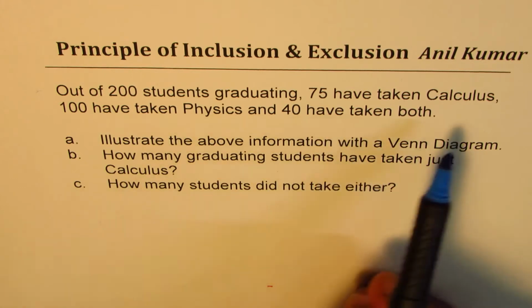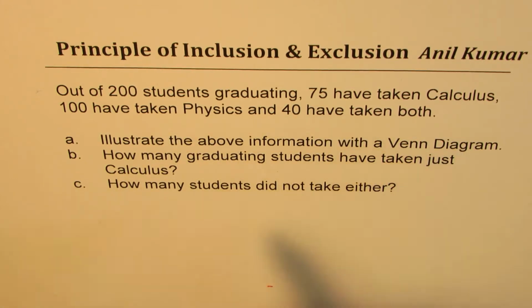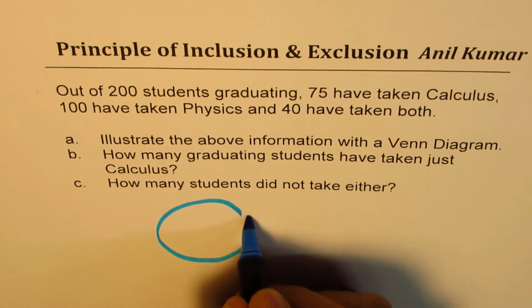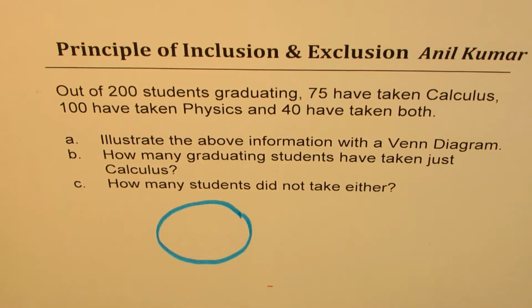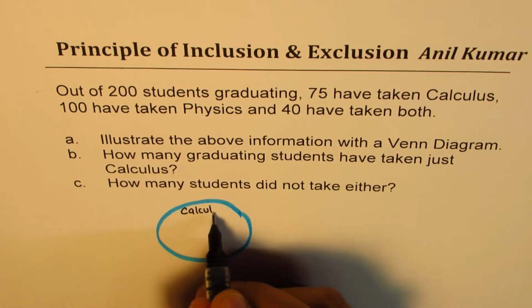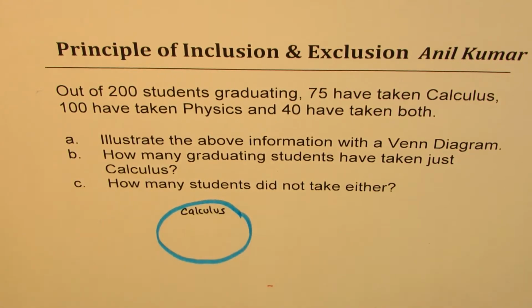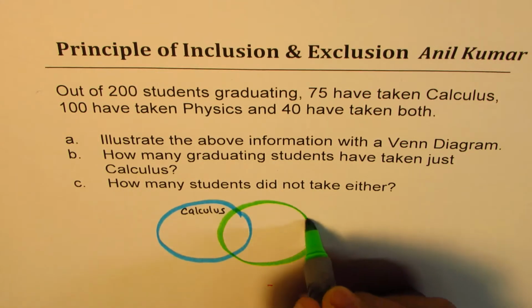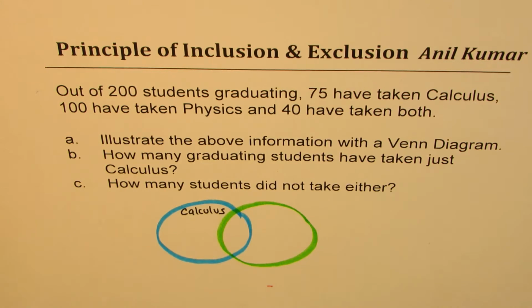Now let's illustrate this with the help of a Venn diagram. So let's say this circle represents the students who have taken calculus, right? So let's call this calculus. And then similarly, let's have this group for physics.